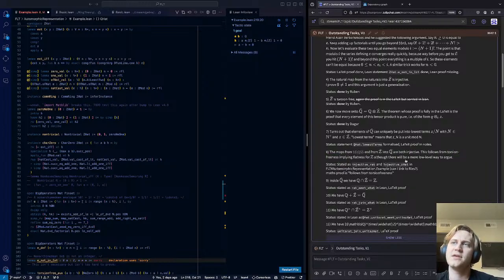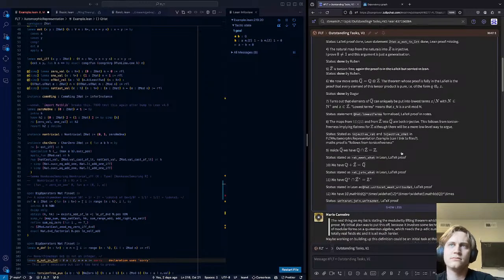Flatness for Z. It will be a more low-level way to argue. Yeah, someone should grant the capability for the docs search to work. This follows from torsion freeness.